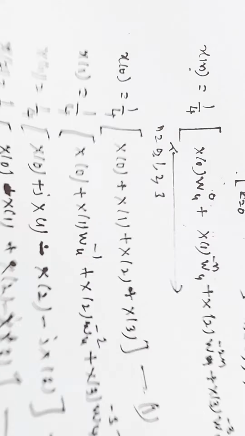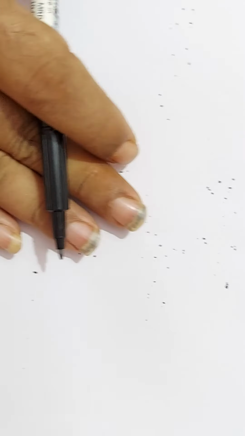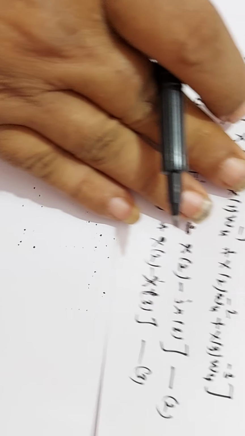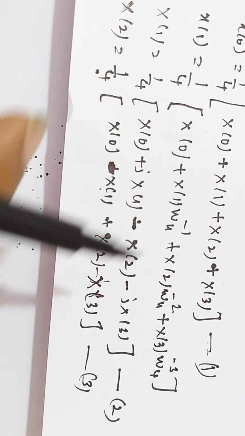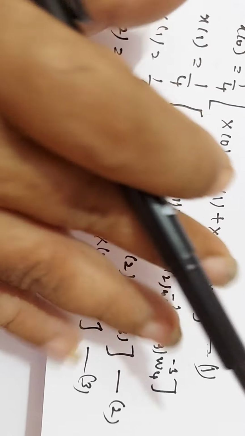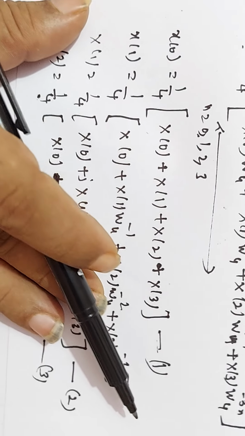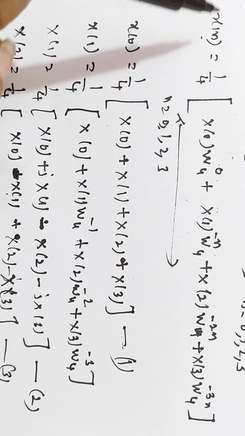Next, n equals 3. Putting n equals 3 in this equation to get the fourth sample.